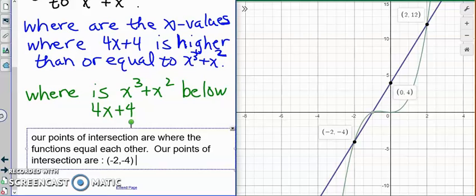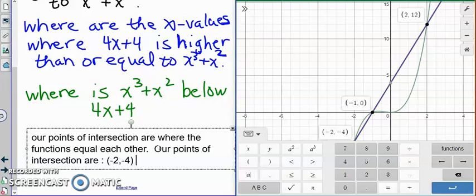Should be right here: -1, 0. Oh, it's not typing. Type it in here: -1, 0. And then we have 2, 12. All right, so we have those points there of where the functions intersect. So that's going to be part of our answers because that's where they intersect.